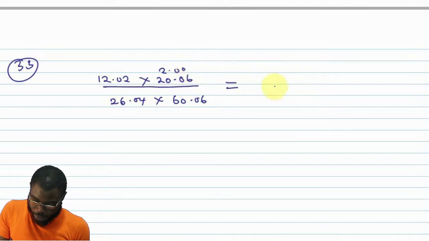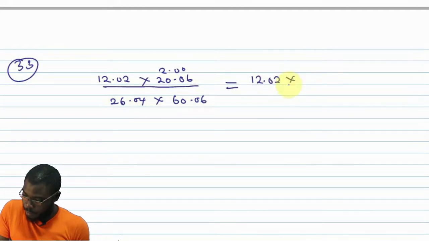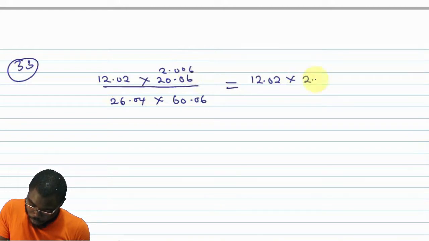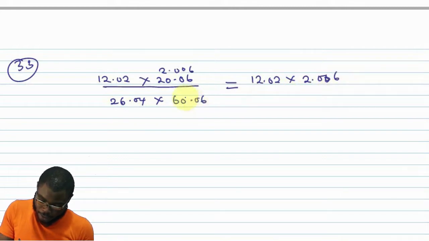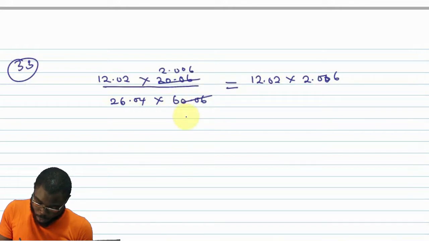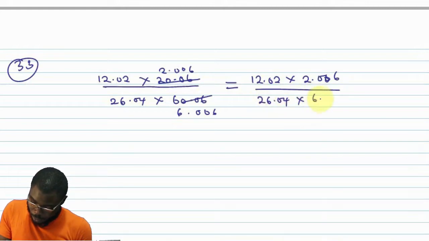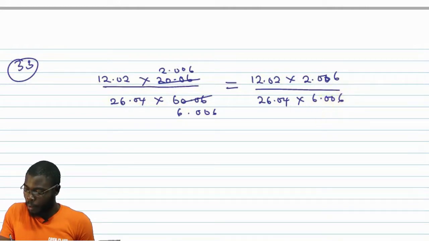So we have 12.02 times 2.006. Then 10 goes into this also, that will be 6.006. So we have this equal to 26.04 times 6.006.